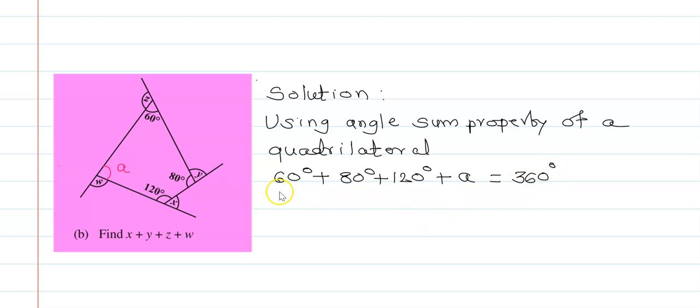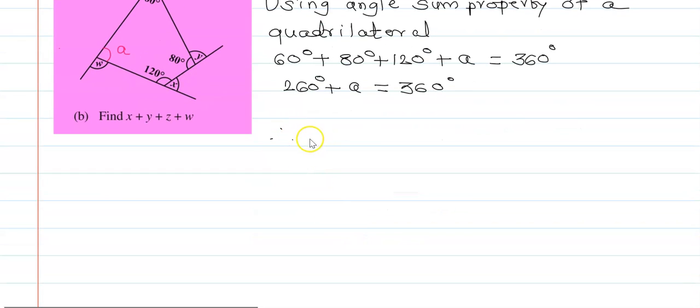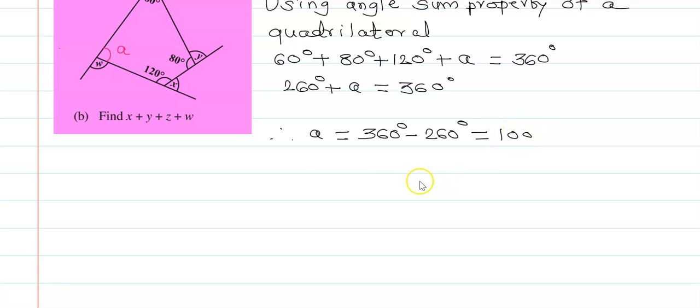If you add it, 120 plus 80 is 200, plus 60, you will get 260. 260 plus A is 360. And therefore the measure of angle A is equal to 360 minus 260, and that is equal to 100. Therefore A is equal to 100 degree.